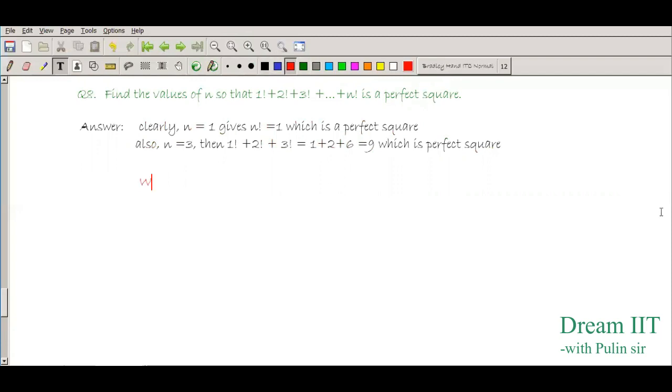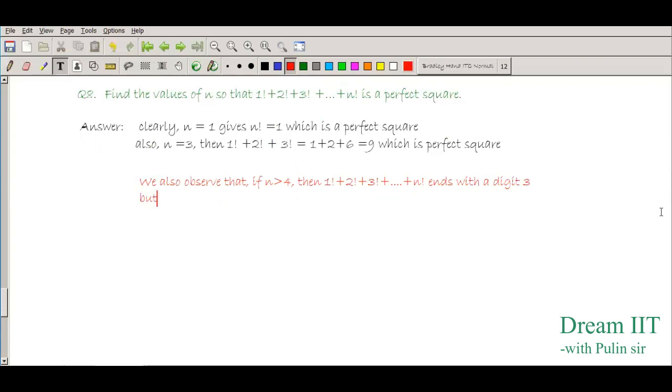We also observe that if n is greater than 4, that means 5 onwards, then 1 factorial plus 2 factorial plus 3 factorial plus ... plus n factorial ends with a digit 3, right?